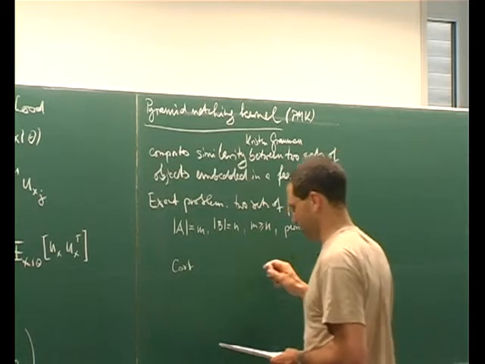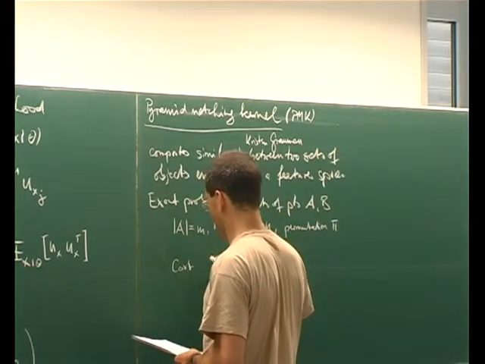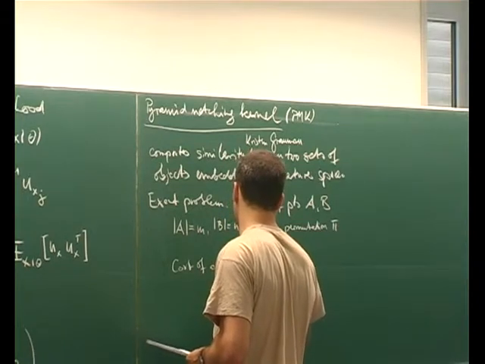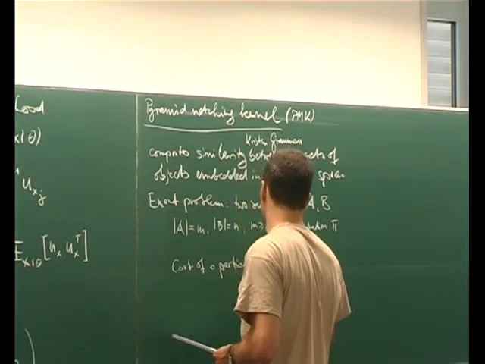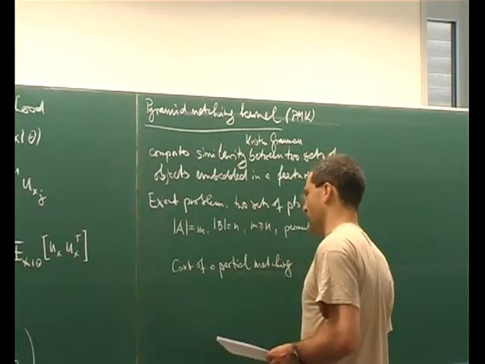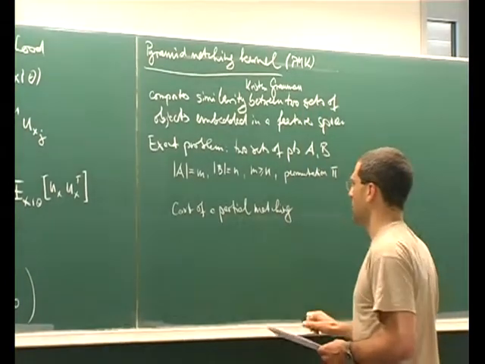So the matching is partial because one set of points may be larger than the other.